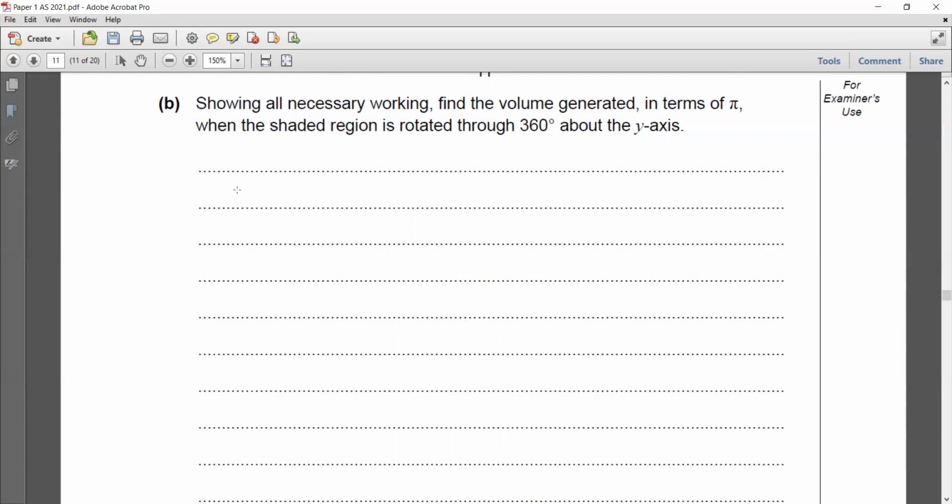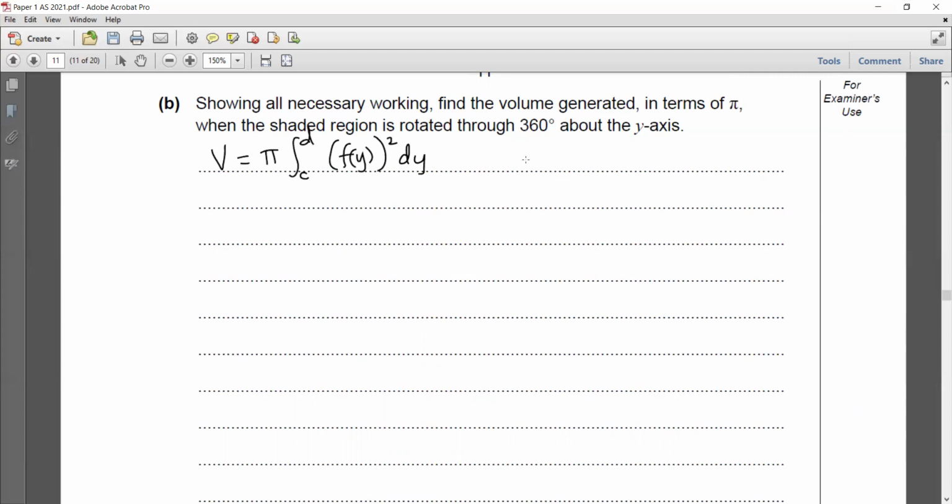So the formula is given by this, the volume. This is equal to pi multiplied by here, C and D, those are your limits. We'll work them out just now. And then we have f of y squared, and then we integrate with respect to y.